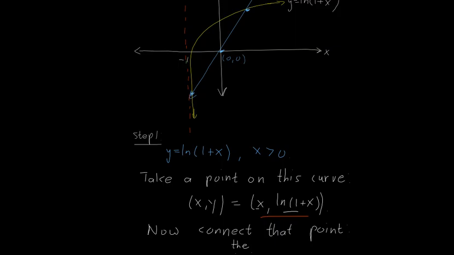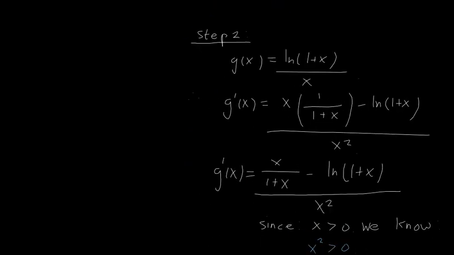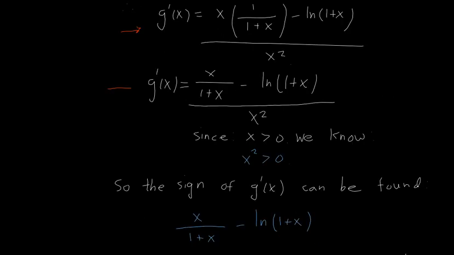So if g of x has to be maximized, that means we have to take its first derivative, find critical points, right? So take g prime of x, and that's just the quotient rule, and gives us this, okay? So therefore, we get g prime of x is equal to all this, okay?